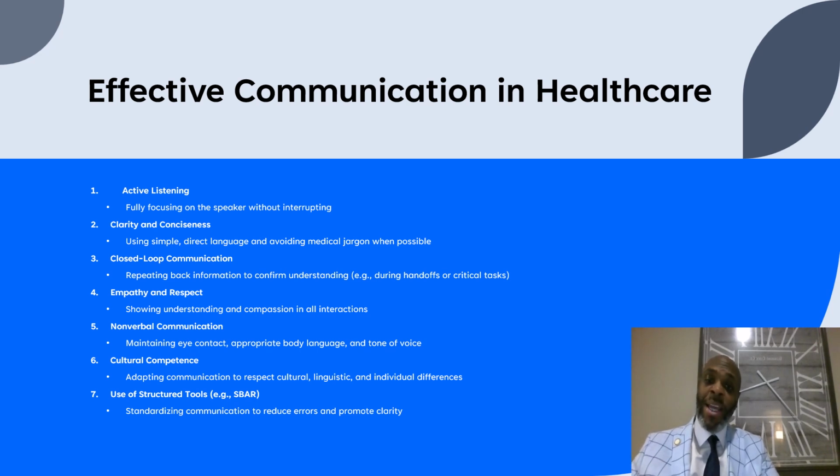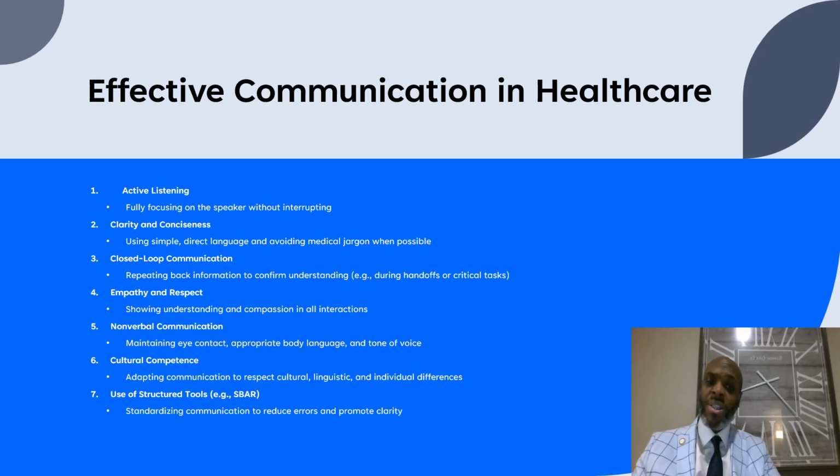Next, empathy and respect. These humanize interactions. Patients and colleagues alike respond better when they feel heard and valued. Nonverbal cues like eye contact and tone of voice carry just as much weight as what's being said.